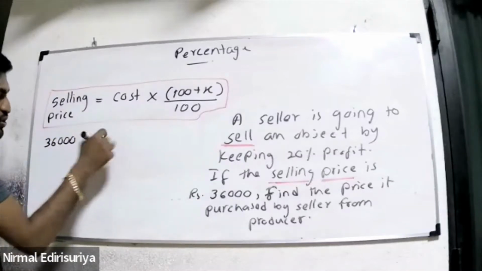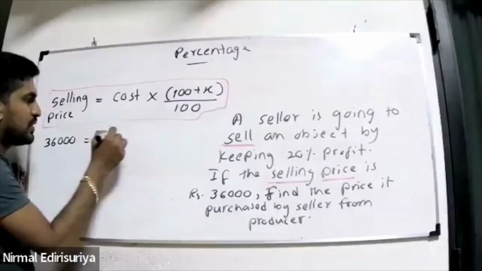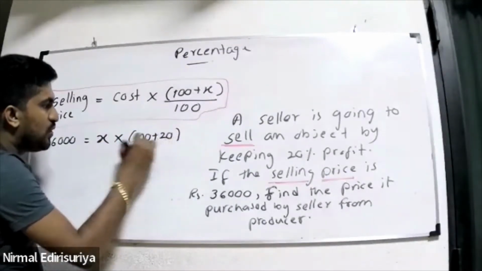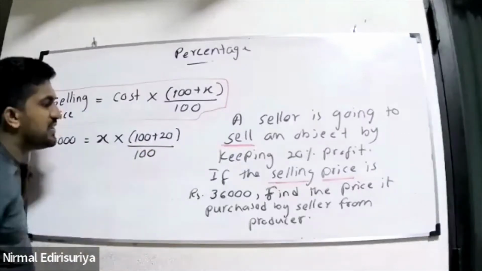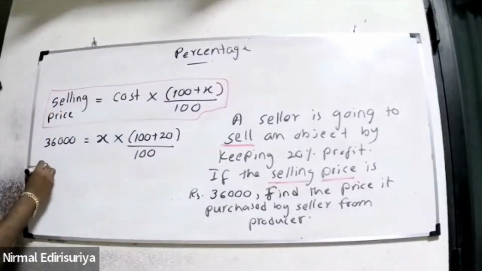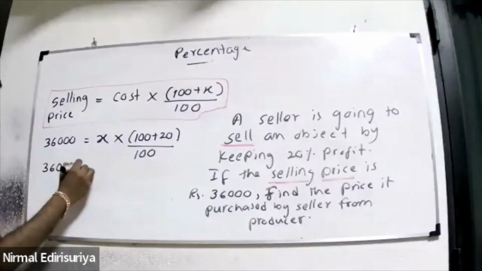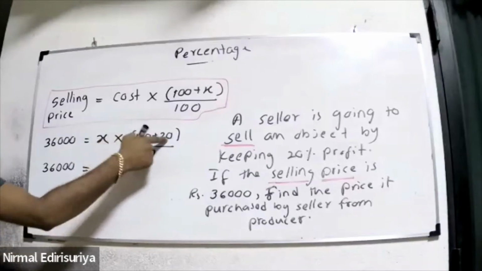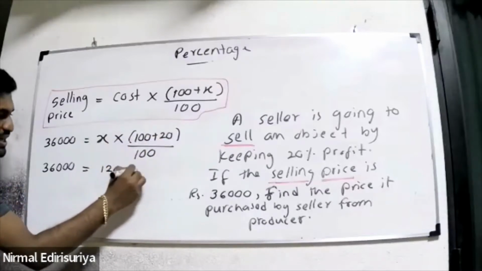Cost you don't know. Cost is what we are finding. Into 100 plus 20 over 100. Look, those who can, carry on by yourselves. Others watch. Then I can write this: 36,000 equals, if you add these two, 120x over 100.